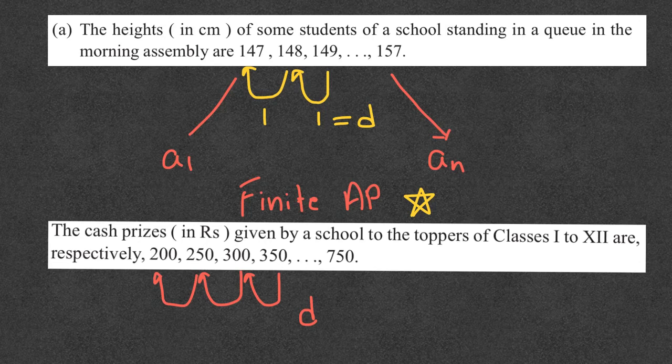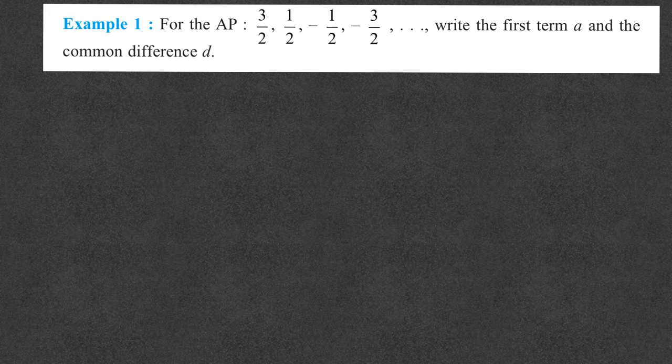So, we know what an arithmetic progression is by now. Let's try this problem. For the arithmetic progression 3 over 2, 1 over 2, negative 1 over 2, negative 3 over 2, write the first term A and the common difference D. Can you try it out? The question already says that it is an arithmetic progression. So, the common difference has to be constant throughout.